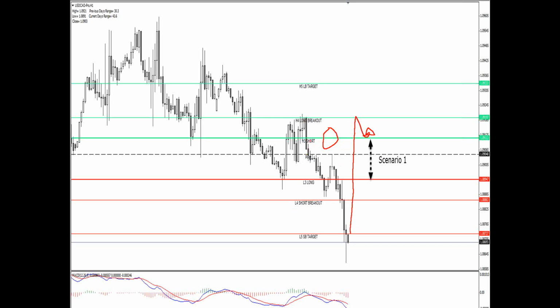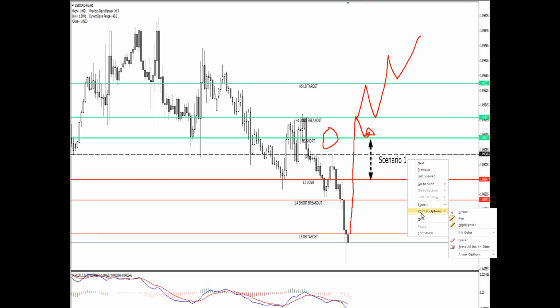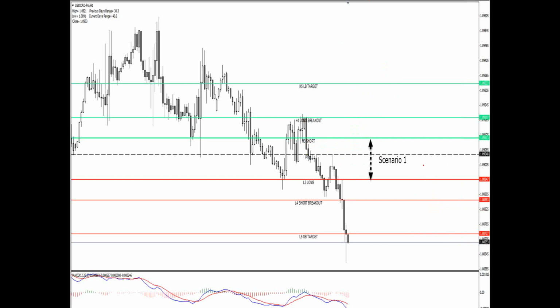That is when H3 and all those levels above turn from resistance to support. The opposite is the same for support. This is considered support until the price breaks through it, retests it, and closes below. Then L3 becomes resistance, and so on for H and L5.